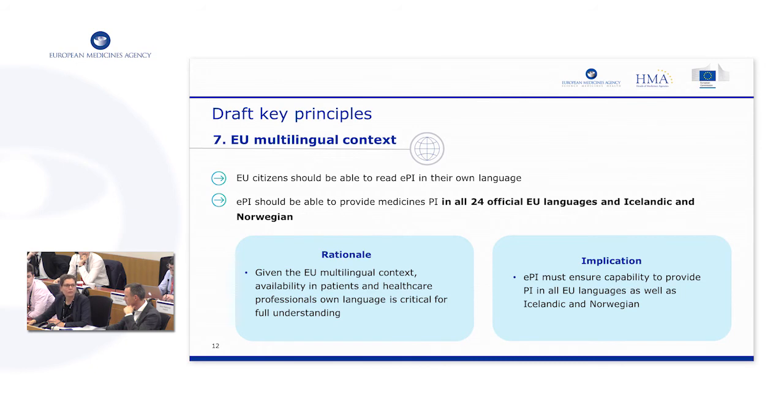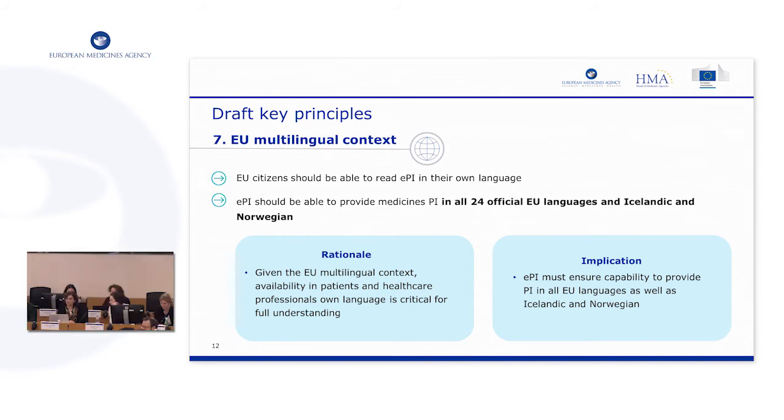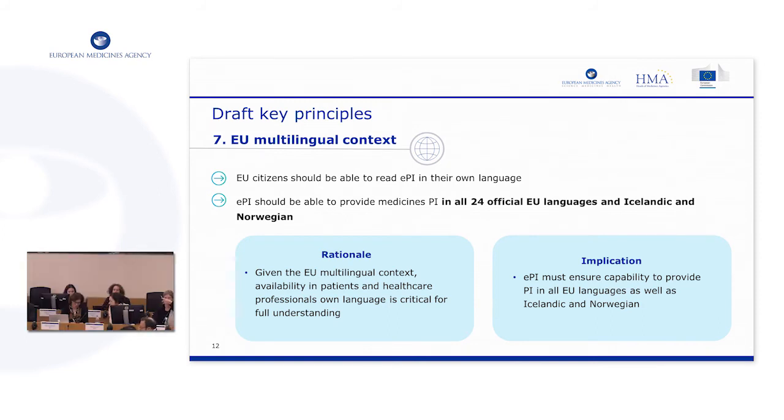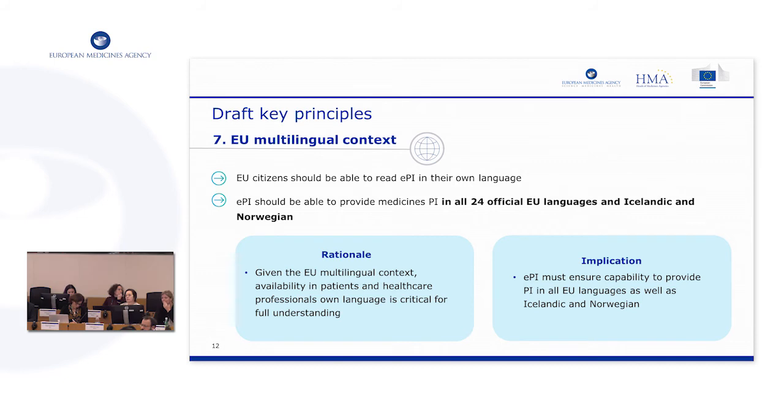For centrally authorized products, yes, because for centrally authorized products, information is already available in all languages independently of whether they are marketed in a country or not. For medicines which are nationally authorized, it's different because it will be only where it's authorized nationally. So, thank you. Just one second. We can make that clearer in the key principle because it's true that it needs to be precise.